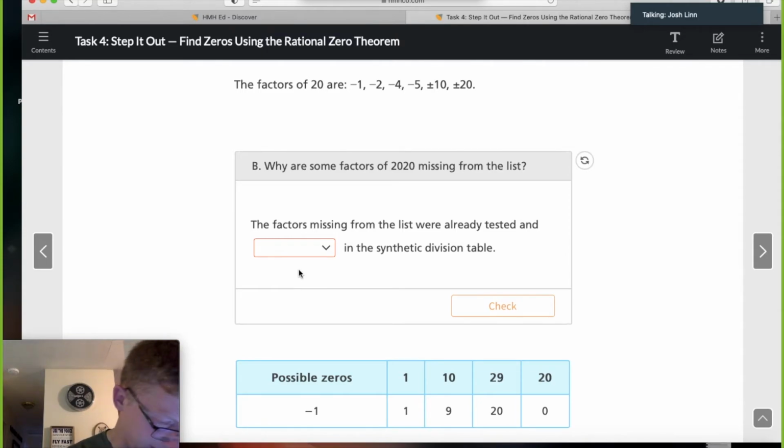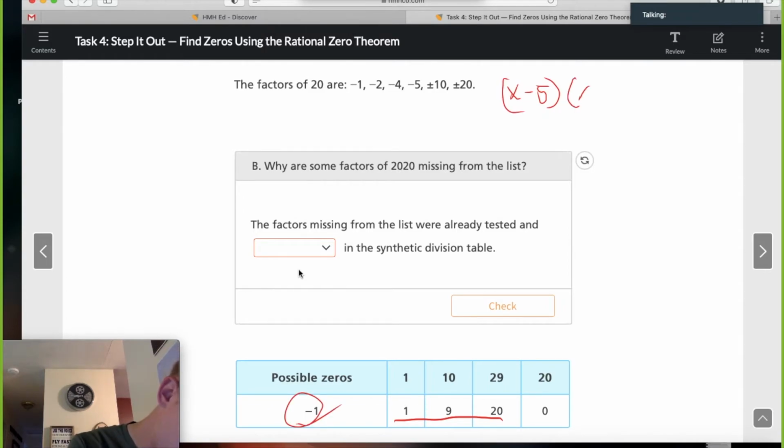So then we have this left. So from there, we know that we already have x minus 5. Now we know this is a 0, x plus 1. Remember, because when this gets plugged in, this needs to equal 0. And what do we have left over?